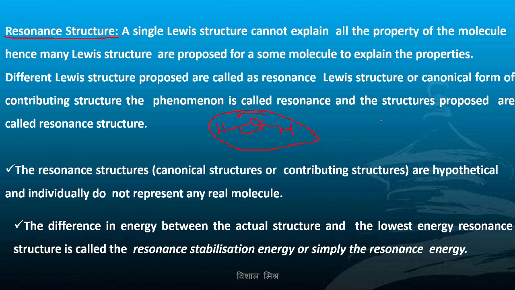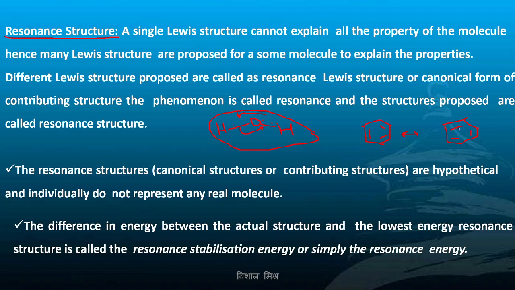For example, we have benzene. In case of benzene, we all know this is the structure. Benzene has six pi electrons, six double bond electrons, and three double bonds. This same benzene can also be represented in this way.